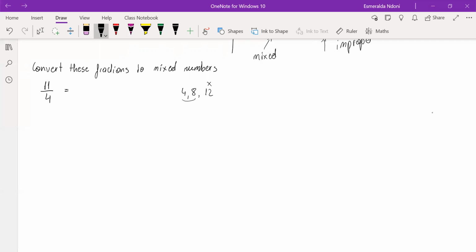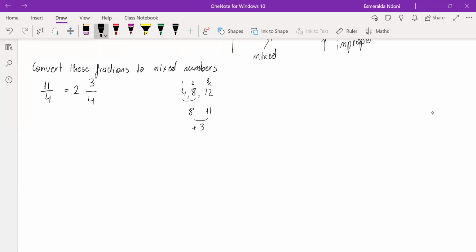So 2 of them go into 11. 1, 2, 3, but that's too much. And what's my remainder? From 8, the 2 of them, all the way to 11, plus 3 is the remainder. So my remainder is 3 out of 4.